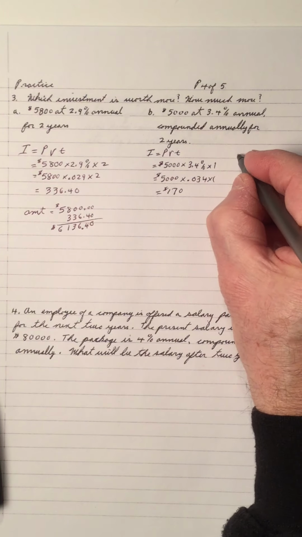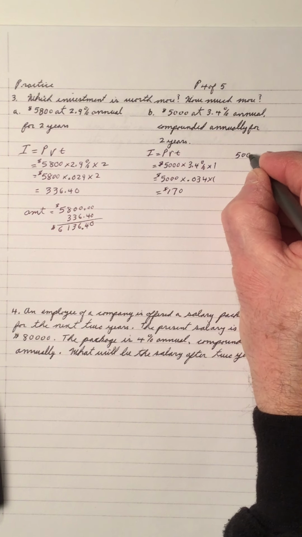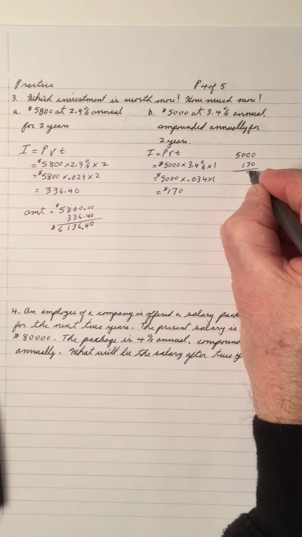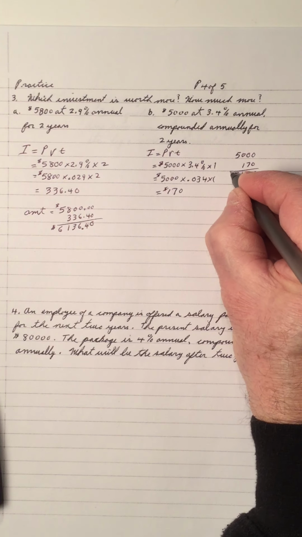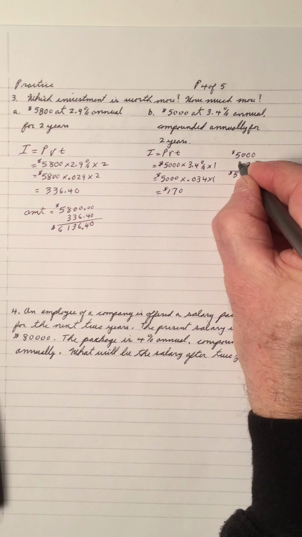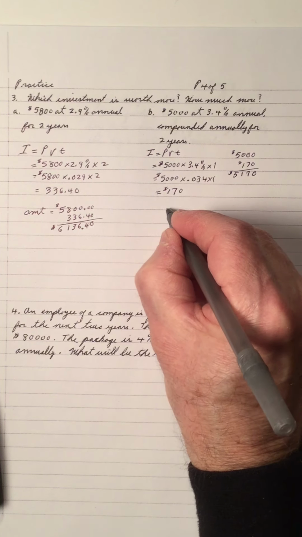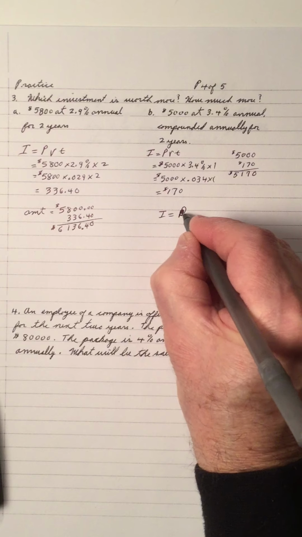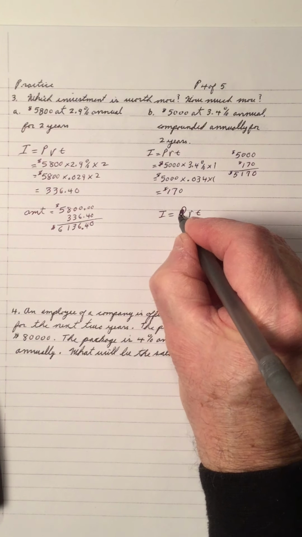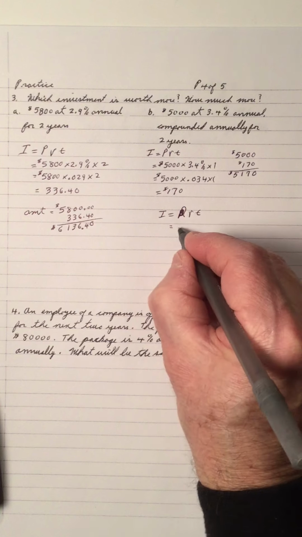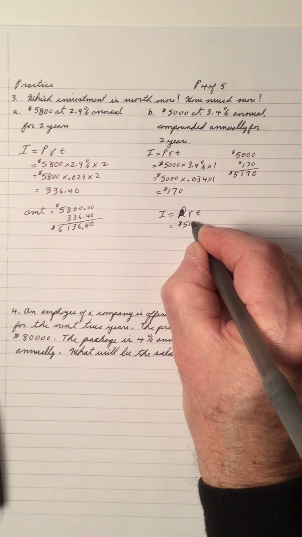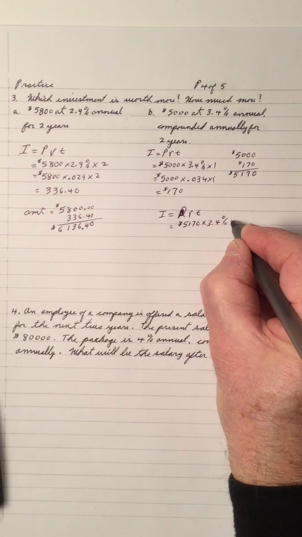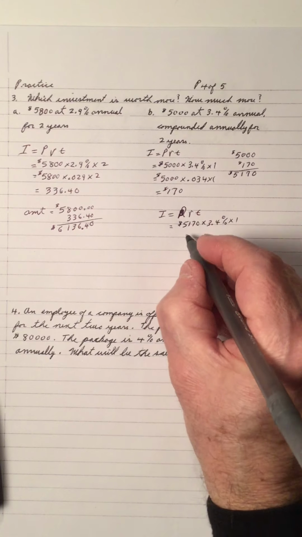So if you add that on, you have 5,000, and if you add on your interest, then you get 5,170. So if you take the same formula, PRT, principal times rate times time, but you have to use your $5,170, and your interest is 3.4%, and you're doing it for 1 year.